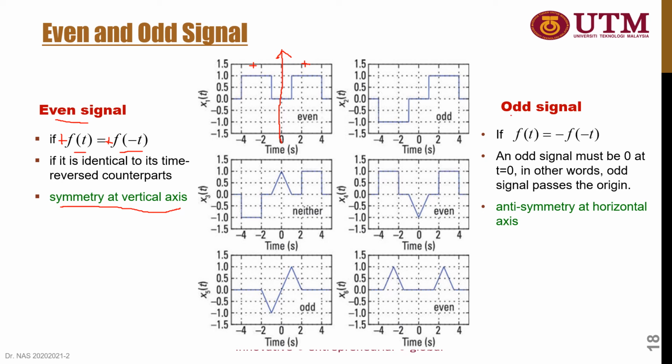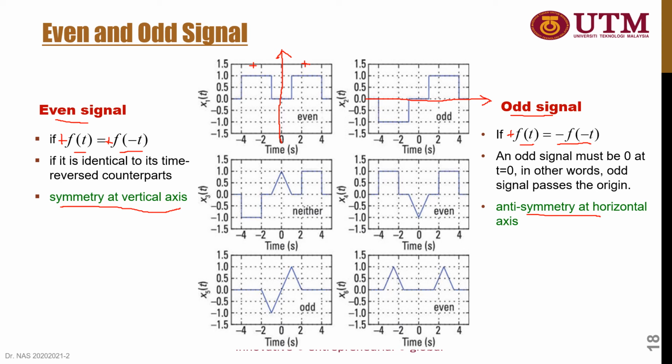An odd signal is defined by f(t) equals negative f(-t). The amplitude of the signal is positive when t is positive, but the amplitude is negative when t is negative. So an odd signal is also known as antisymmetry at the horizontal axis. This is the horizontal axis, so it is antisymmetry.